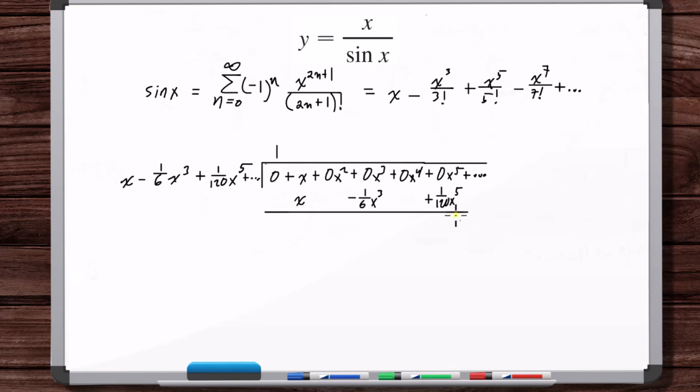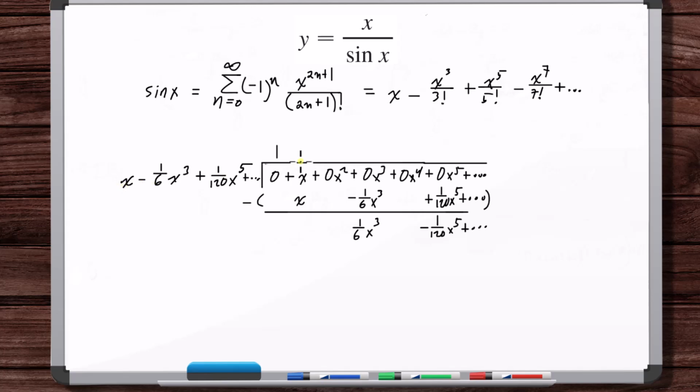Okay, now let's dot, dot, dot. We subtract these, and you get x minus x is 0 plus 1/6 x cubed, and then minus 1 over 120 x to the 5th. Okay, now you divide 1/6 x cubed by x, by the leading term.